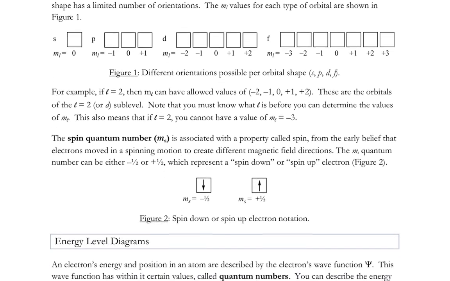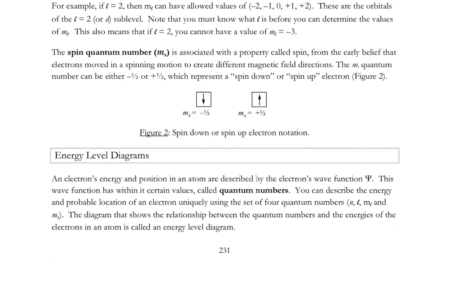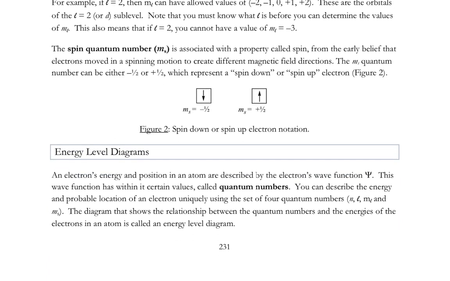The last quantum number, a little easier, just takes on 2 values. m sub S equals -1/2, that would be a downward arrow, or +1/2, that would be an upward arrow. The n, L, and m sub L describe the atomic orbital where the electron can be. m sub S describes the actual electron. Does it have a spin up or spin down?